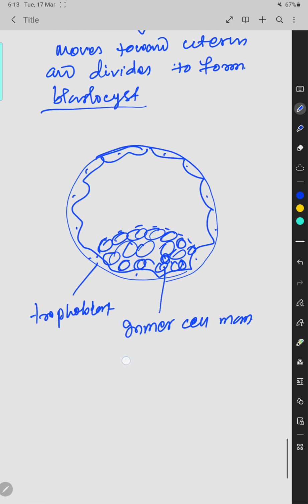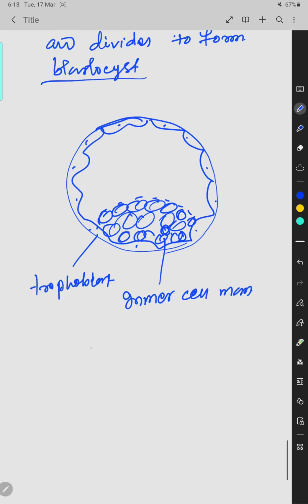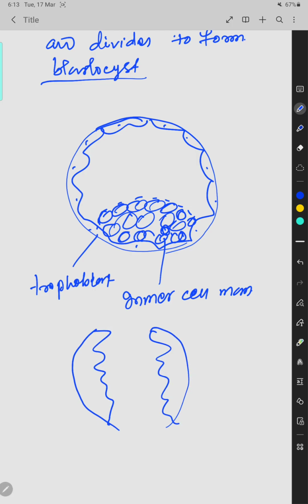Okay. Now this trophoblast gets attached to the endometrium. So suppose this is the endometrial lining, and the trophoblast attaches to the endometrium, and here is the inner cell mass.